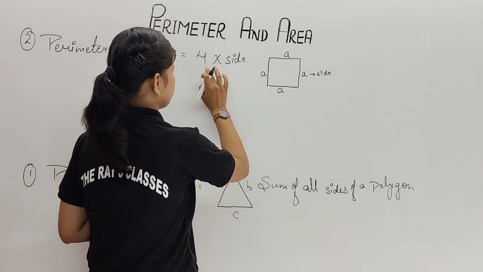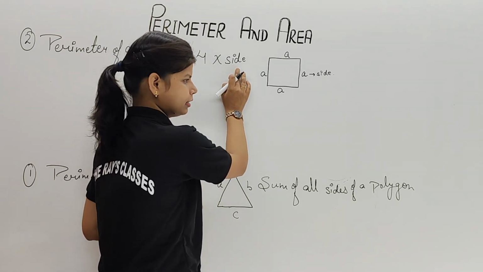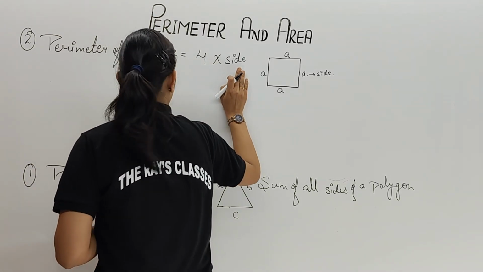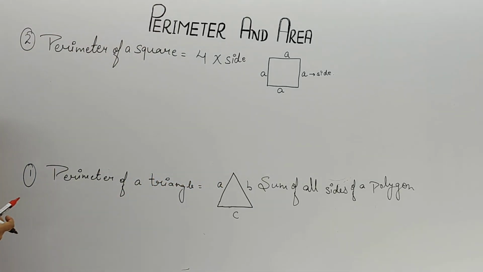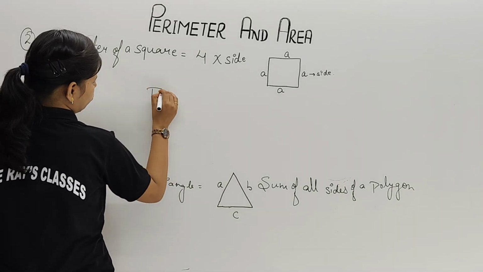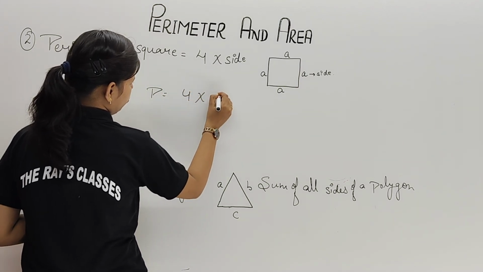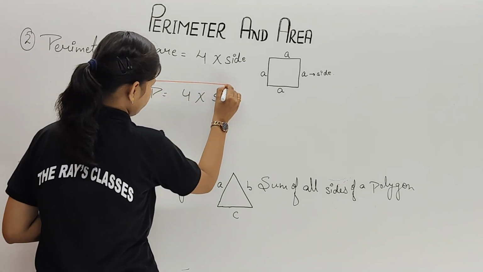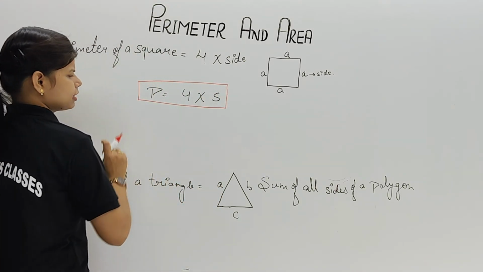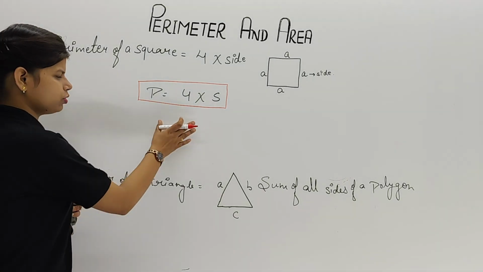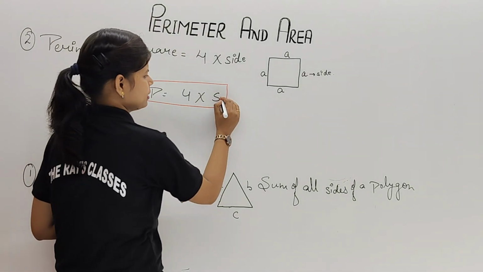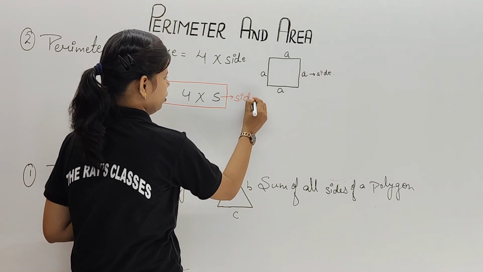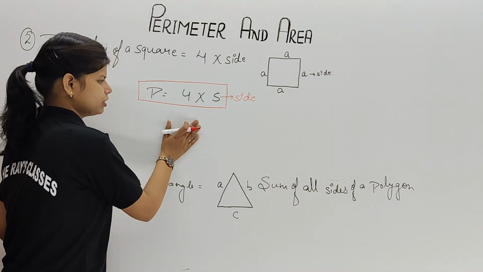So if you have 4 sides, our formula is 4 multiplied by side. This is the formula for the perimeter of the given figure. Or simply you can write P equal to 4 into S, where 4 is the number, I have shown you already 4A, and S is your side. Clear, no? Understood from here? S is the side of a square. This is your second formula.